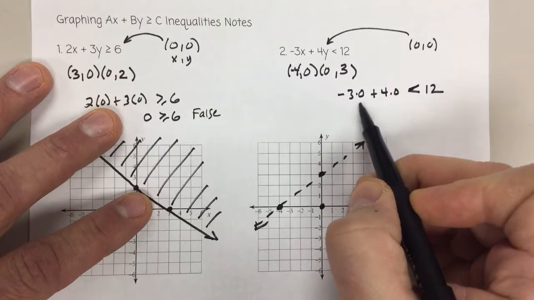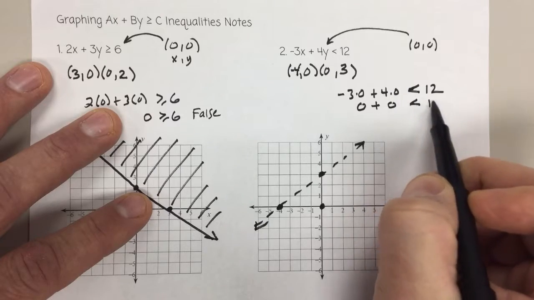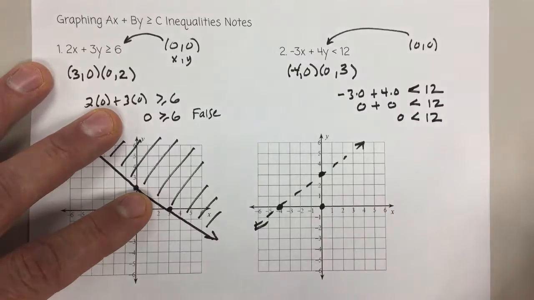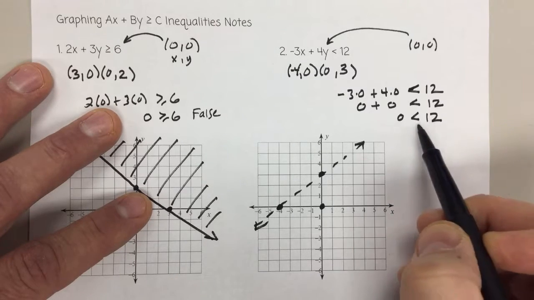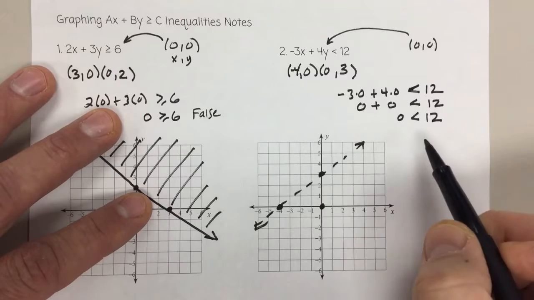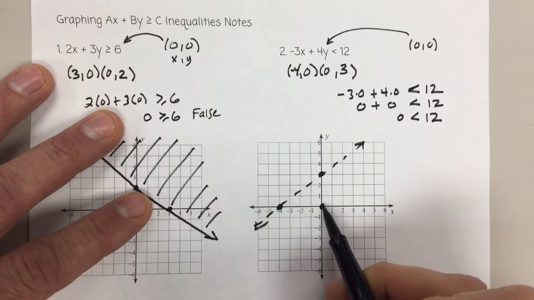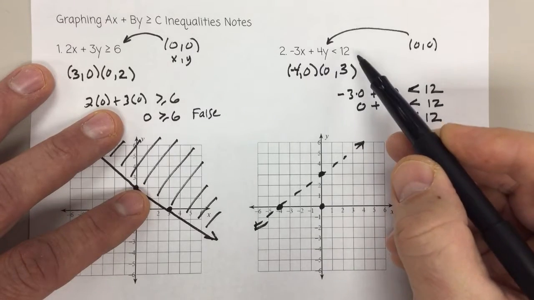Well, negative 3 times 0 is just 0, and 4 times 0 is just 0. 0 and 0 is 0. So now ask yourself, is 0 less than 12? Of course it is. 0 is less than 12. That means that this point is part of the solution to this inequality.